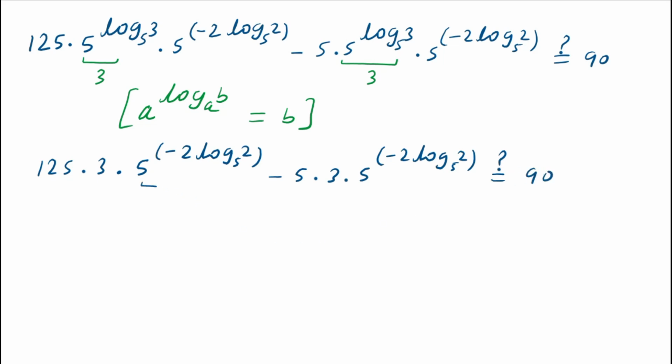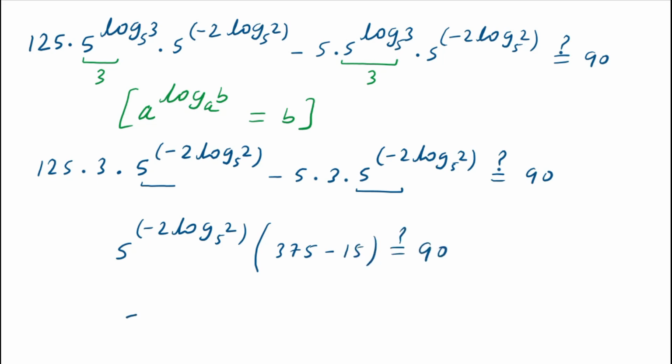Now on the left hand side this expression is common. So if we take common 5 power minus 2 log 2 with base 5, inside the bracket we have 125 times 3, which is 375, minus 5 times 3, which is 15. 375 minus 15 is 360, and this is equal to 90.